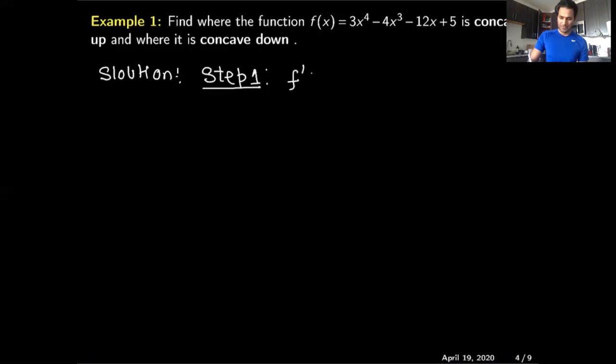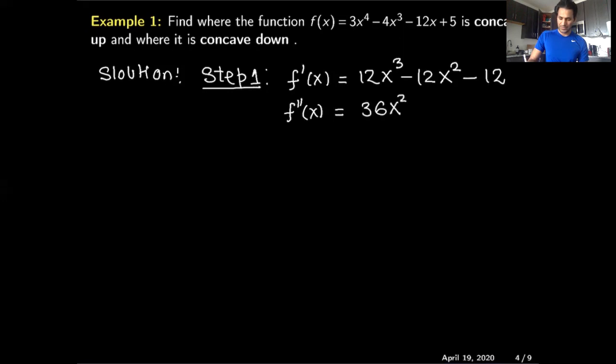So my first derivative of this function is 12x to the power 3 minus 12x squared minus 12. And the second derivative of this function, f double prime of x, is 36x squared minus 24x, which I can simplify.